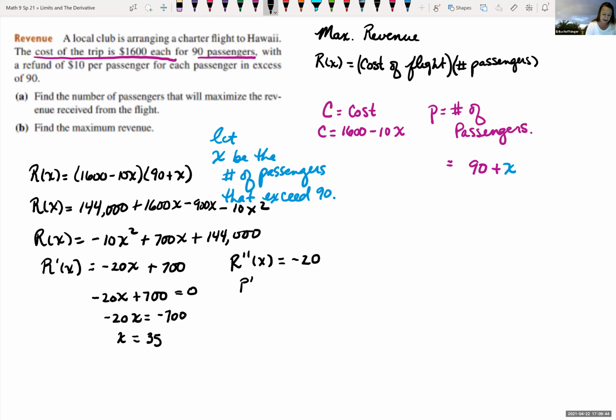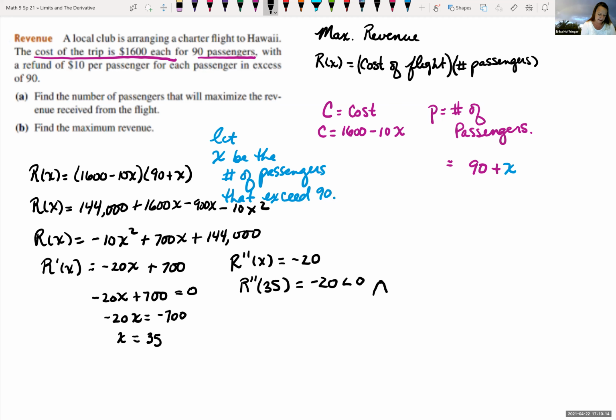If we plug in our critical number, 35, wherever we see an X in our second derivative, which there is none, we get negative 20. This is less than 0, and we remember that told us it was concave down. That tells me that there is a max at 35. We don't want to minimize the revenue, we want to maximize it. So we just wanted to make sure that that was a max.